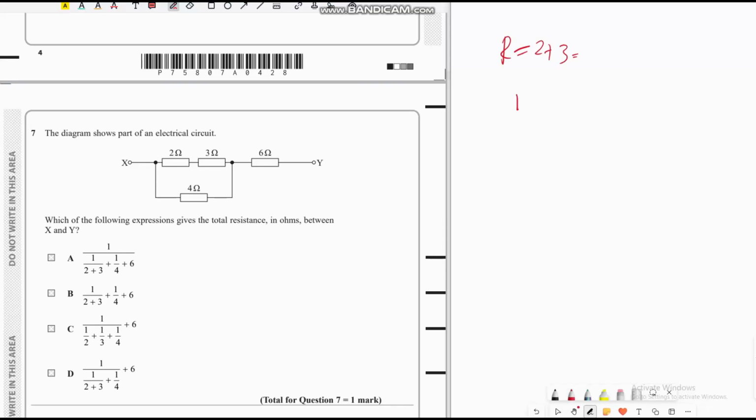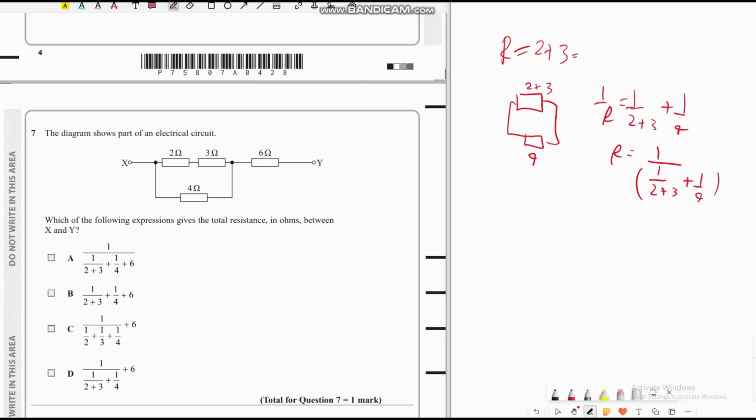So the combined resistance of this 2 plus 3 and the 4 will be: 1 over R equals 1 over (2 plus 3) plus 1 over 4. So R will be equal to 1 over [1 over (2 plus 3) plus 1 over 4]. Then afterwards, to the resistance you get here, you have the 6 ohm resistor connected in series, right?